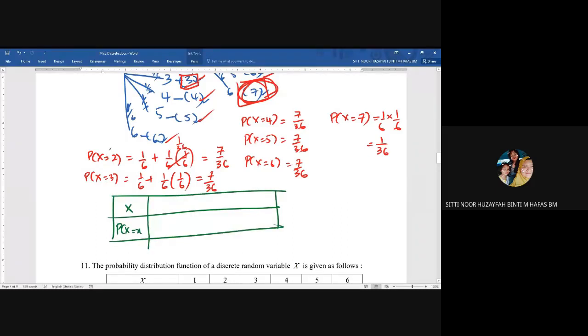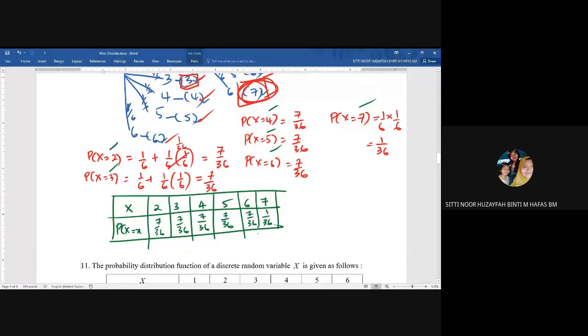From here we know we have 2, 3, 4, 5, 6, 7, so 6 values of x. This is the score. And then what is the probability? For 2 up to 6, we have 7 over 36 each, and for 7 it is 1 over 36.